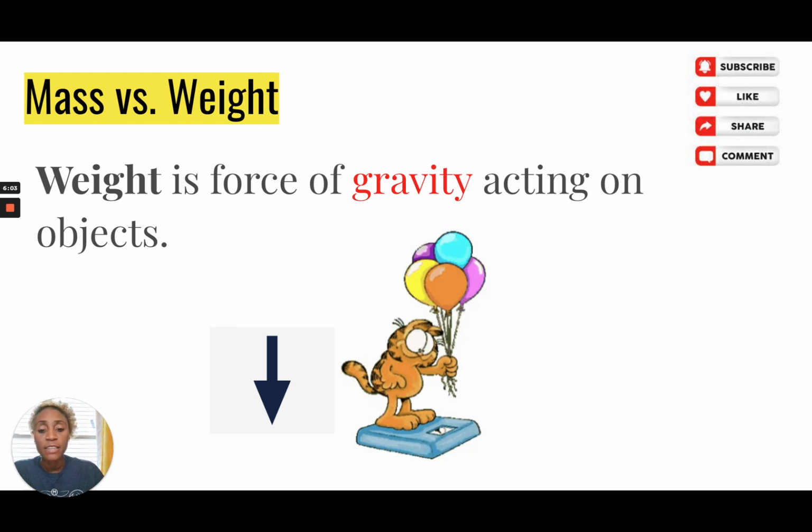You can see there Garfield is standing on the scale, and his weight is pulling down based on gravity's pull. It will tell him a reading right there, right? So mass, just for us to get some clarity again, is the amount of matter in the object, and weight is gravity pulling down on the object.